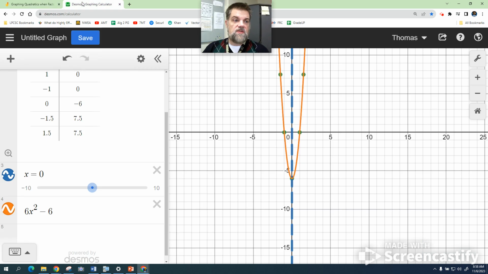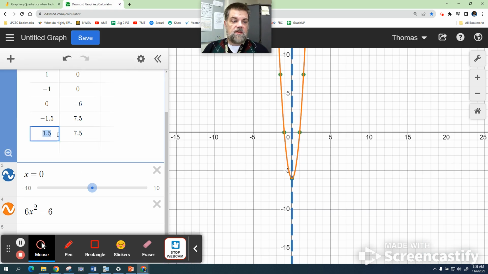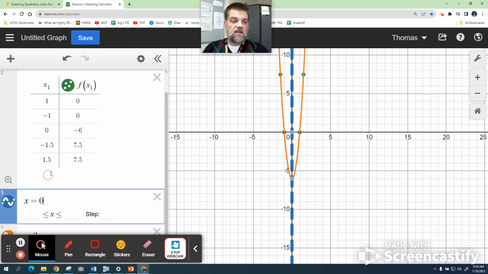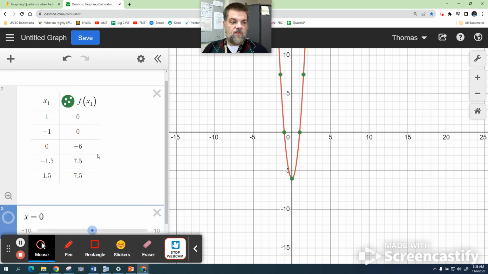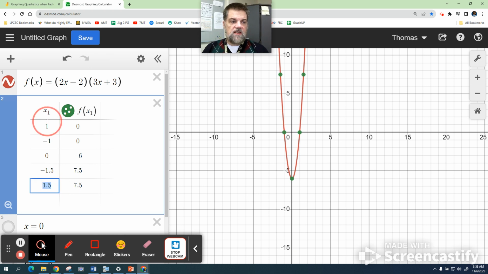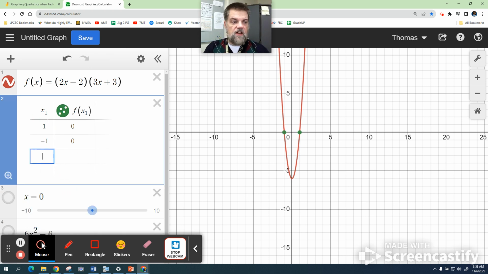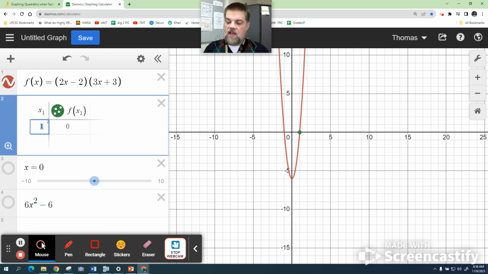Go to Desmos. Let's turn this off, just click on that and we'll adjust that later, and turn this off and we'll adjust that later. Let's delete all of these values, except let's put in 2. Wait a second. Oh, wrong equation. We got to come up here and change the equation first, right?